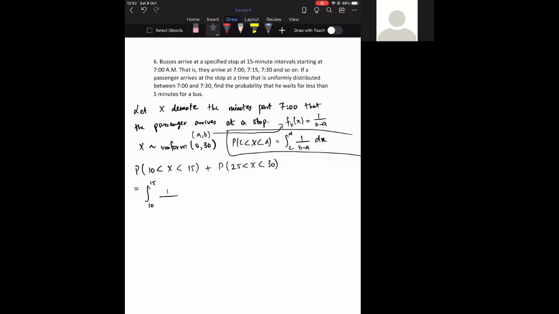So b minus a just becomes 30, plus the integral from 25 to 30 of 1 over 30 dx. Solving these integrals and summing the values up, this gives us 1 over 3. These are pretty simple integrals, so I don't think there's a need to solve them.